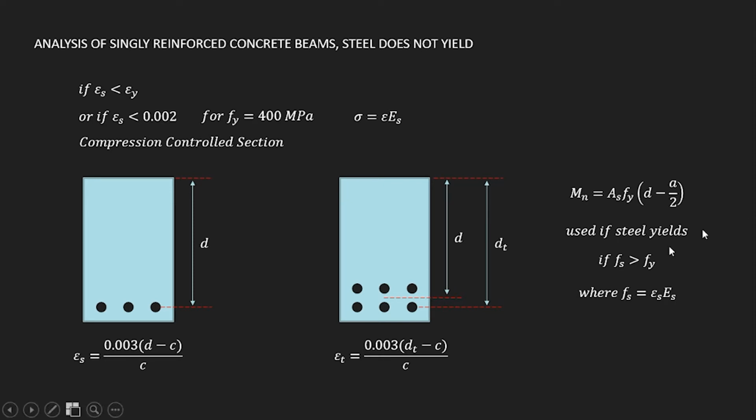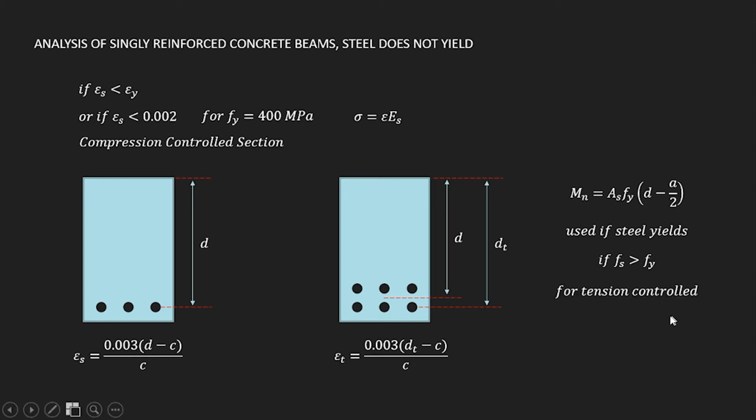Na meron tayong value for epsilon s na ito nga, na 0.003 (d minus c) all over c times 200,000 megapascal. So, pag simplify natin yan, 0.003 times 200,000, that is 600. So, yung formula now natin for actual stress for steel, itong value na 600 times (d minus c) all over c, and syempre yung unit niya naka-megapascal.